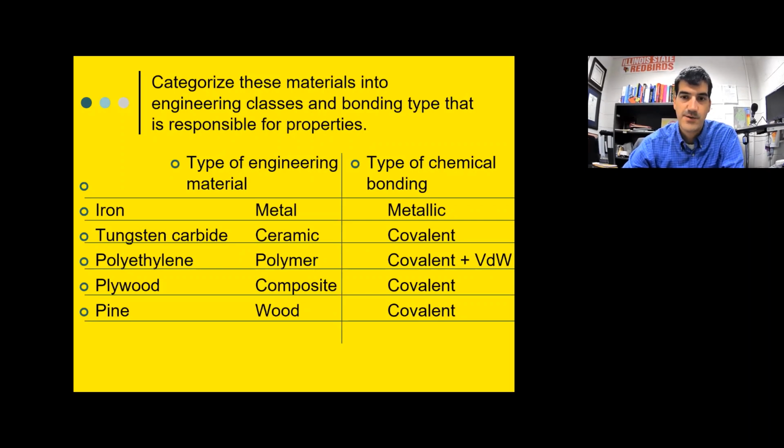All right, so these are the answers. Iron, characterized by metallic bonding. Tungsten carbide. We said it's a ceramic, but we probably didn't really talk about this, but it is covalent bonding. And polyethylene has covalent and van der Waals or intermolecular forces. Plywood and pine are both held together primarily with covalent bonds.